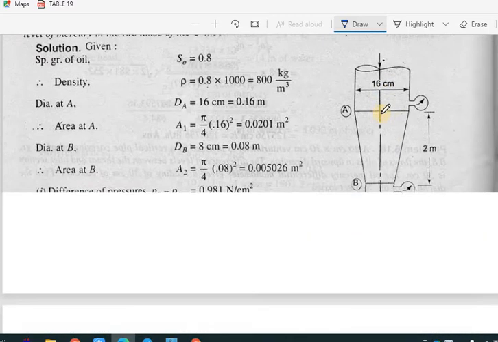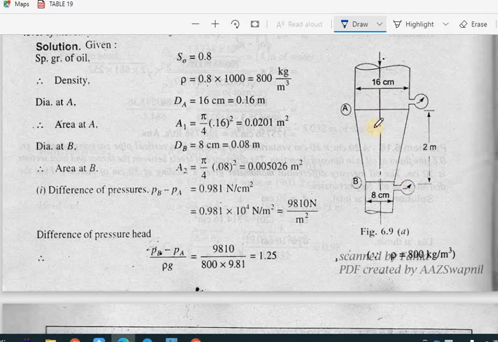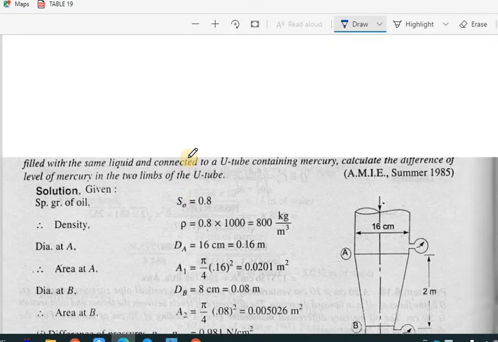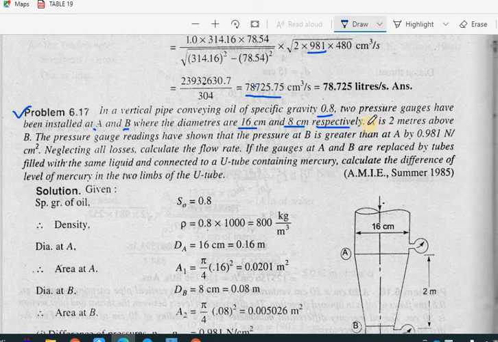So here you can see that there is a vertical pipe, in which there are 2 points, point B and point A, and A is 2 meter above B. After that, the pressure gauge readings have shown that the pressure at B is greater than pressure at A by 0.981 Newton per centimeter square.